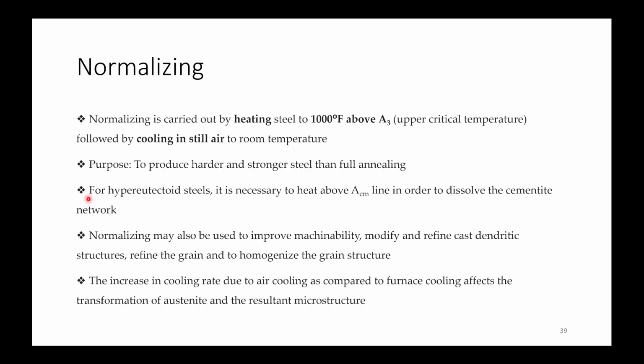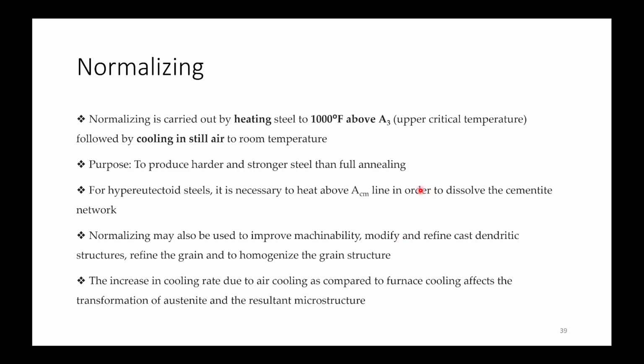Normalizing may also be used to improve machinability, modify and refine cast dendritic structures, refine the grain, and homogenize the grain structure. The increase in cooling rate due to air cooling as compared to furnace cooling affects the transformation of austenite and the resultant microstructure.